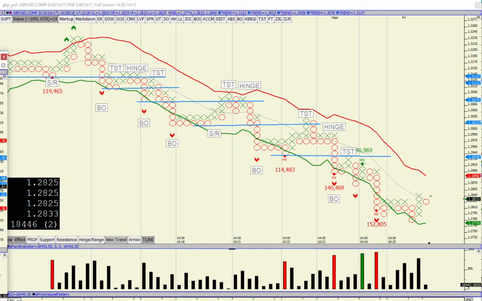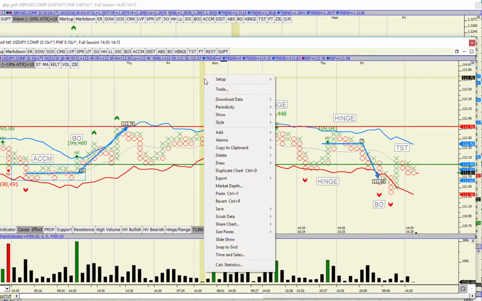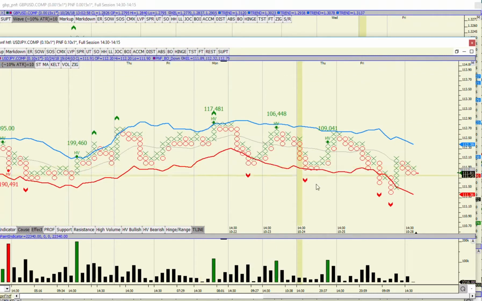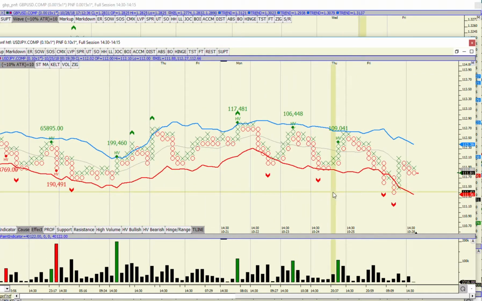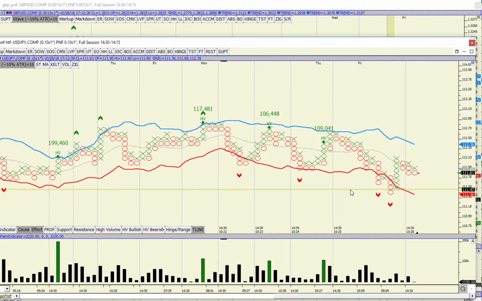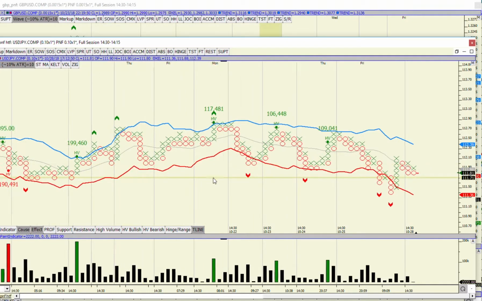I will go to the yen. Delete all this. This is getting very interesting because this is a significant line of support that was broken, and I'm not using big charts.